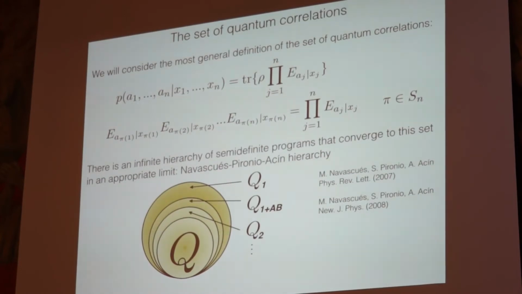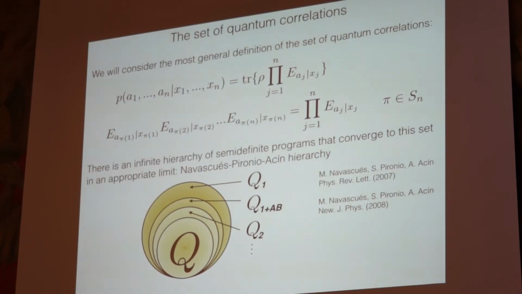Things are a bit simpler in the case of defining the correlations in terms of commuting operators, in that we actually have some computational tricks to get back down to this set, using an infinite hierarchy of semi-definite programs which converge to this set in an appropriate limit, which is the Navascués-Pironio-Acín hierarchy.